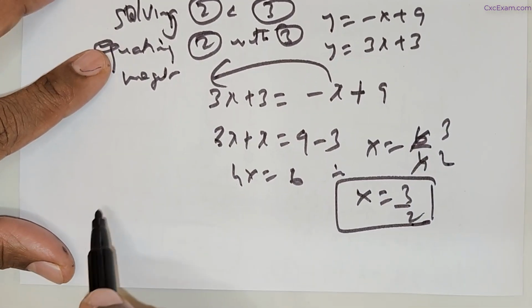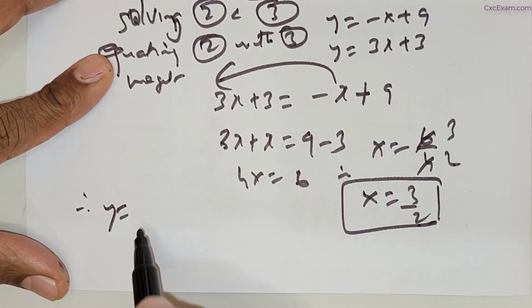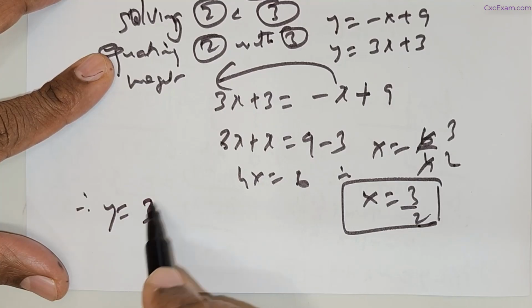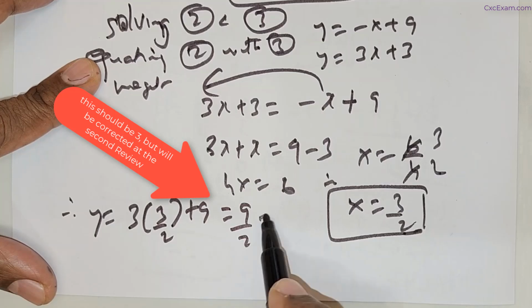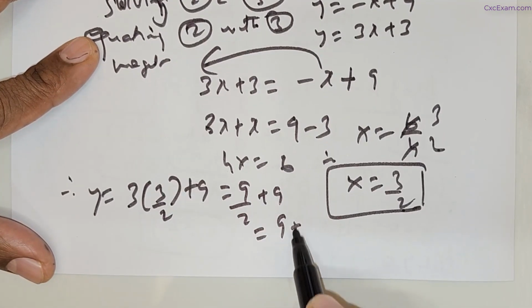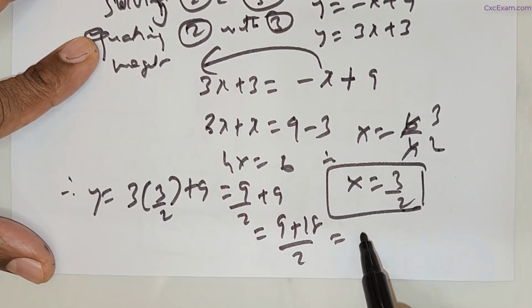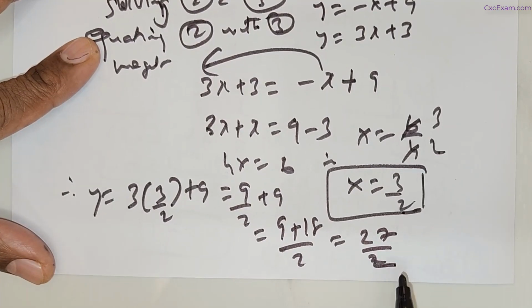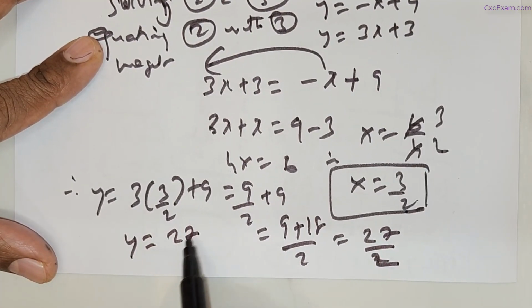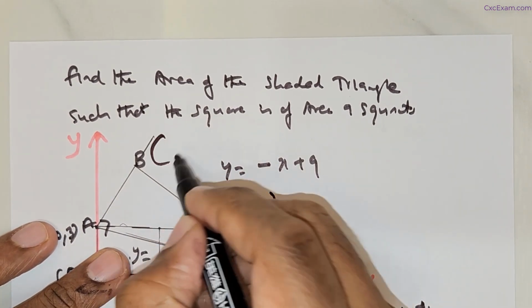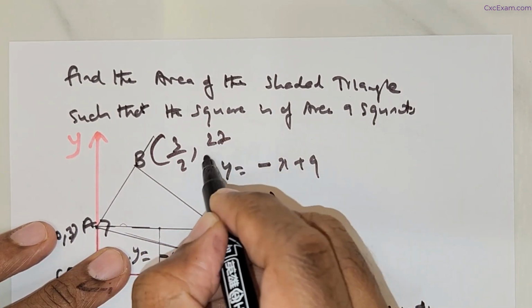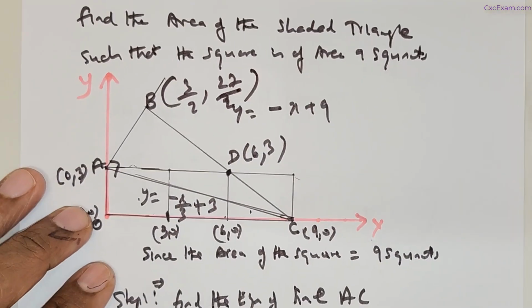You put this there. So therefore y is equal to 3 over 2 positive 9, which means 9 over 2 positive 9, which means 9 positive 18 over 2, which means 27 over 2. This is my y. X is 3 over 2, y is 27 over 2.